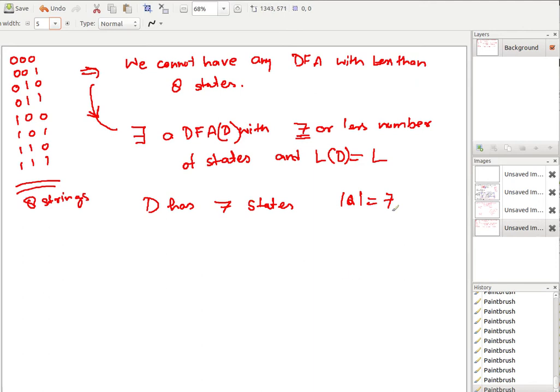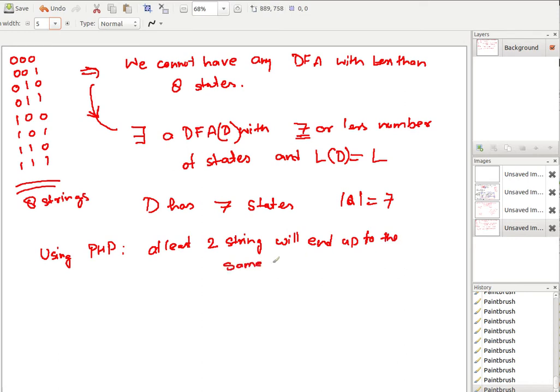Because there are only 7 states, using the pigeonhole principle, I can definitely say that at least two strings will end up in the same state. I hope you agree with this.